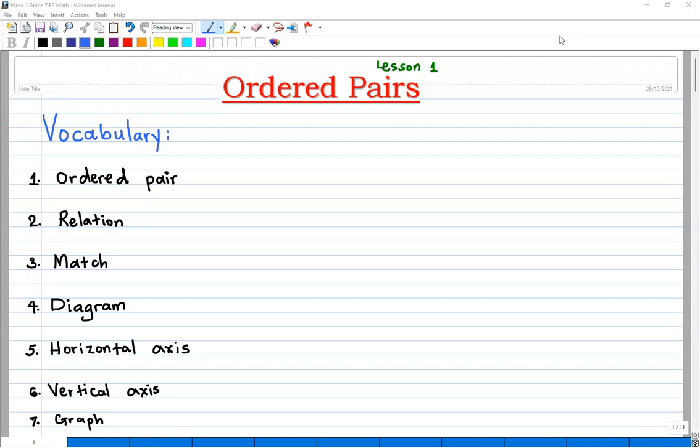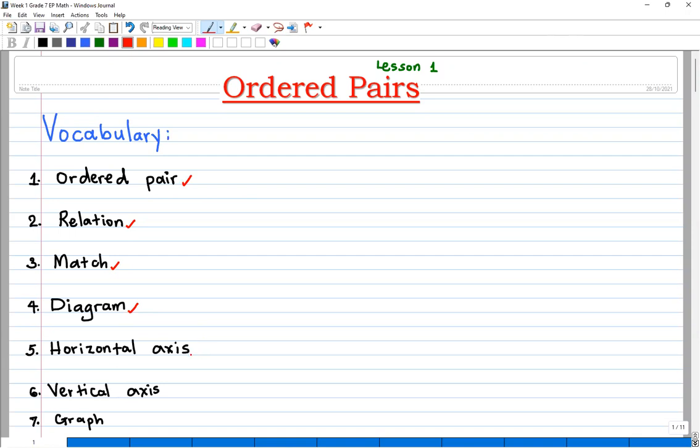let us now look at the vocabulary that we are going to be using in our lesson. Number one, we have ordered pair. Next, we have relation. Next, match. Next, diagram.